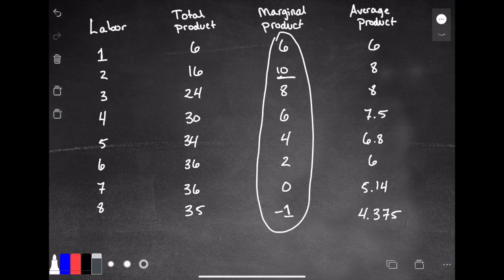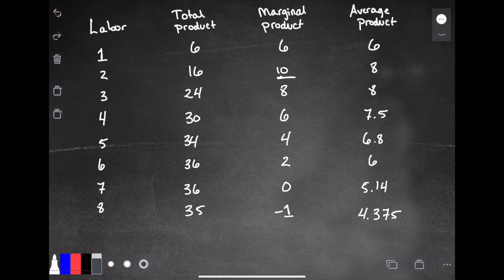So we might say, if you can hire these people for $4 or whatever per some unit of time, then you want to continue hiring people until the cost of hiring them is equal to the additional benefit you're going to receive. And so in this case, you would hire 5 workers because the marginal product of the 5th worker is 4, and that's the same in this hypothetical case where workers cost 4, whatever these units are.